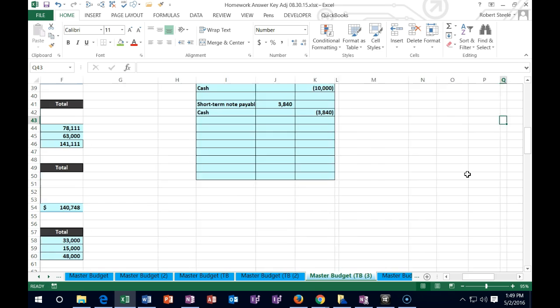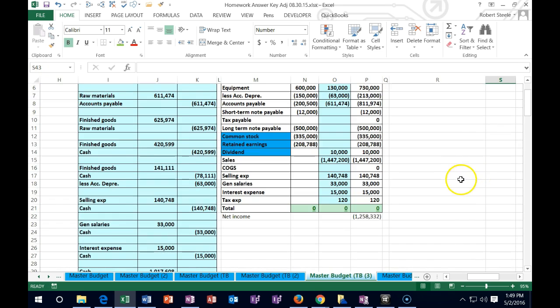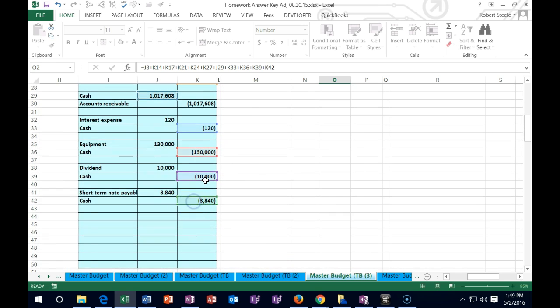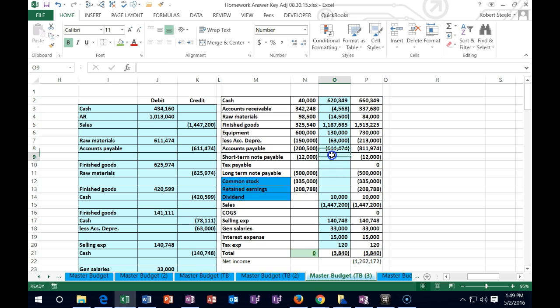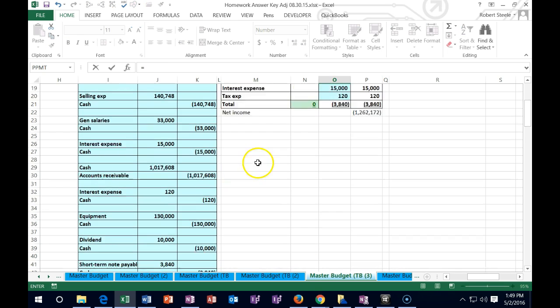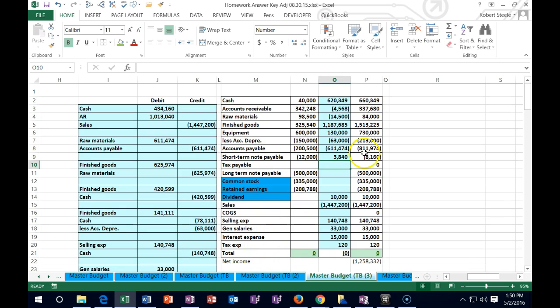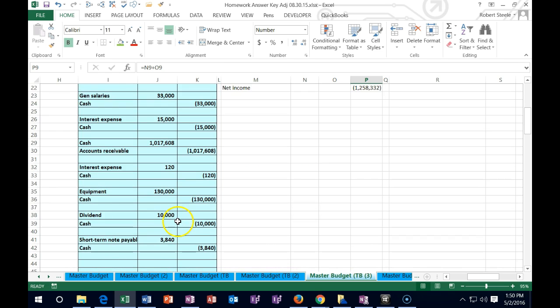And so we're going to say, all right, let's do that. And then if we record this, then the cash is going to go down again. And the short-term note goes from 12 down to that 8,160, which I think is what was left there. Hopefully that's what was left.